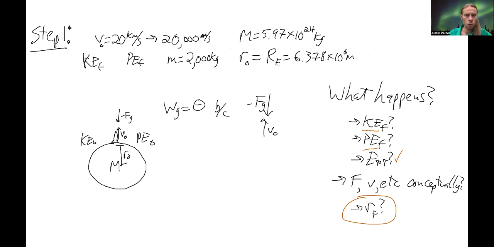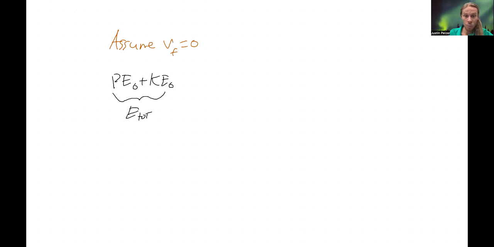So let's assume that it does come to a stop. Then if I set up the equation that energy is constant, remember this is E total. And this is also really important to know that this equation means E total equals E total.